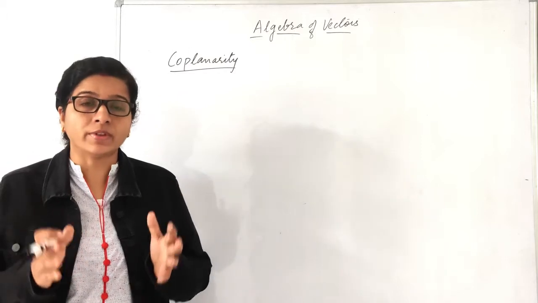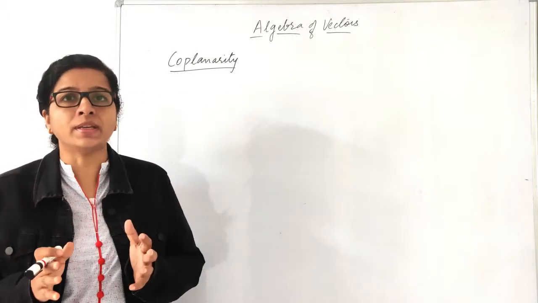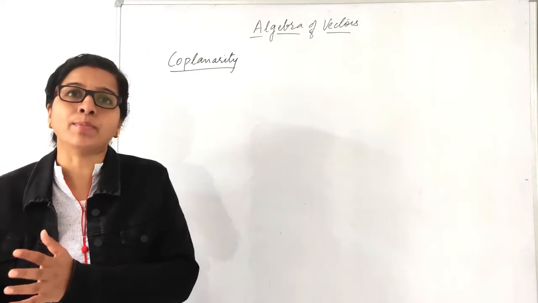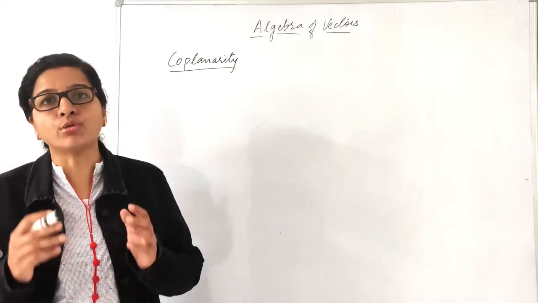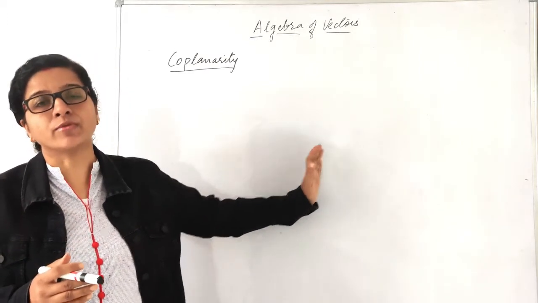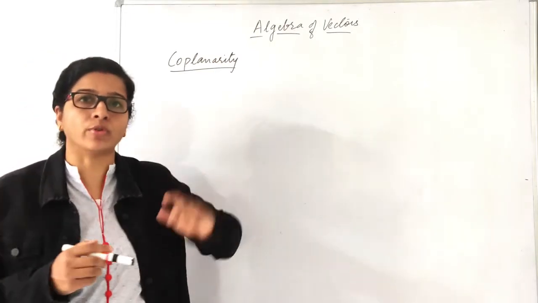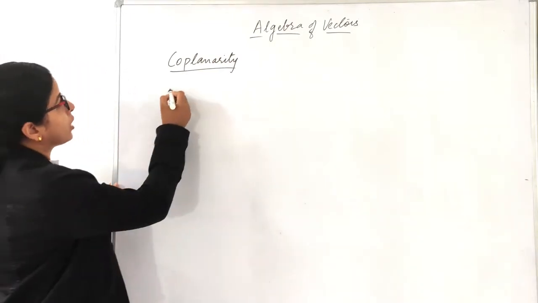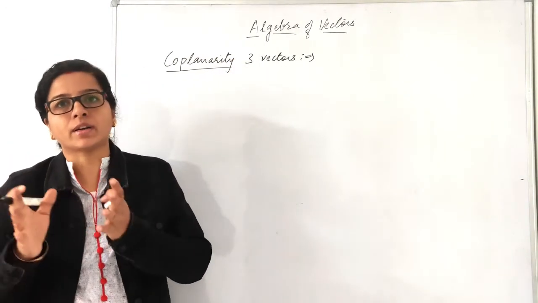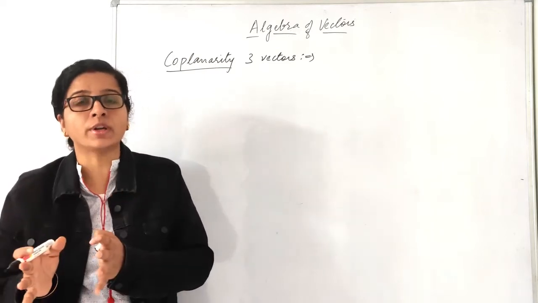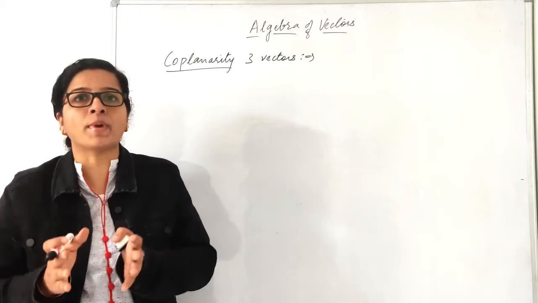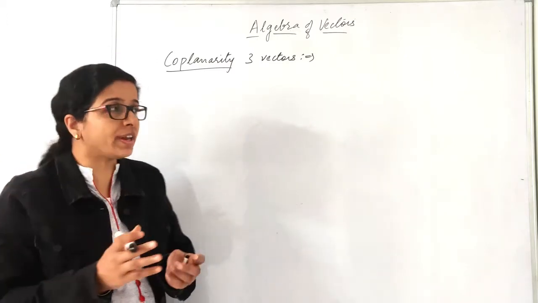If the system of vectors is coplanar, that means the support of those vectors is parallel to the same plane, right? Now how to check the coplanarity of the vectors? First we'll talk about the system for 3 vectors and then we'll talk about 4 vectors. When checking the coplanarity of 3 vectors, if we have 2 vectors A vector and B vector which are non-zero and non-collinear, and let us assume we have a third vector R which is coplanar with A and B, how can we write R vector?